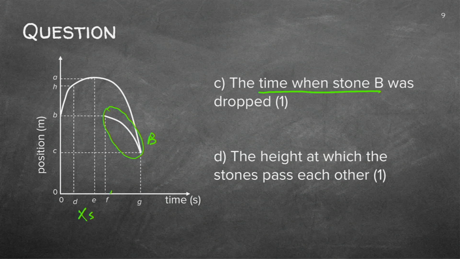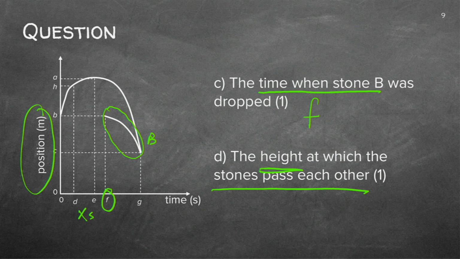And you can see it was dropped at label F. And finally, what label represents the height at which the stones passed each other? That's again on the y-axis, and you can see here they meet each other, and because they meet each other at that point there, the height would be C. C would be when they are next to each other.